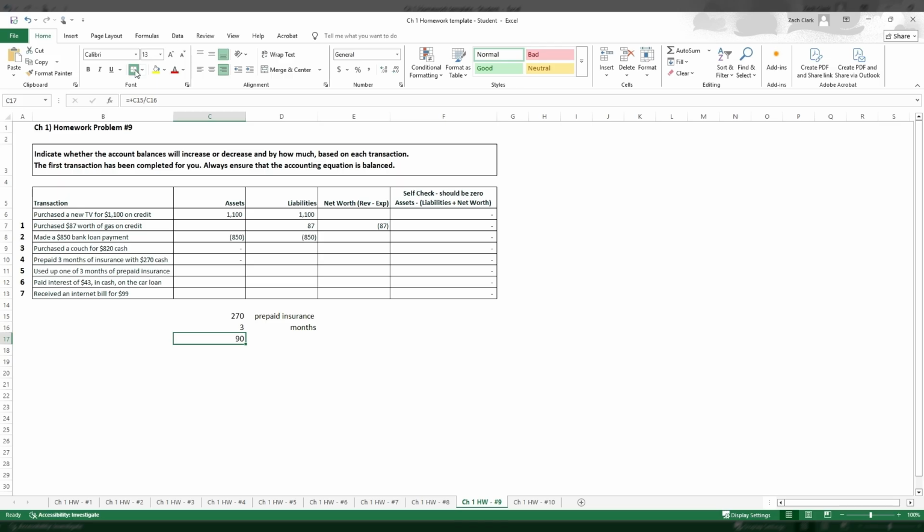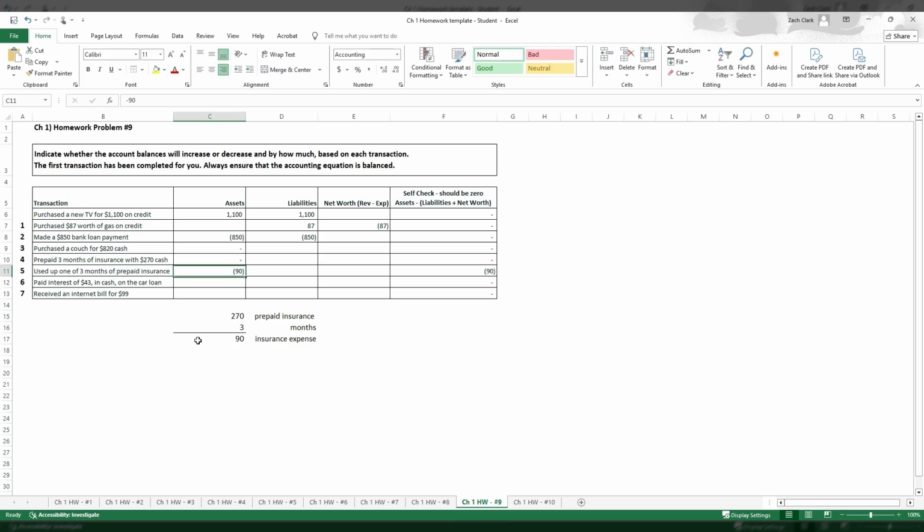We're paying for 3 months of insurance at $90, and this will be insurance expense each month once that month is over. And so it asks us the next one. We used up one of the 3 months of prepaid insurance. Say we paid for that on January 1st, for example. Maybe now it's the end of January. And so once we use up 1 month, it's just that 90.